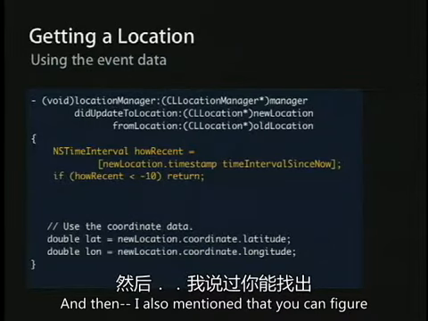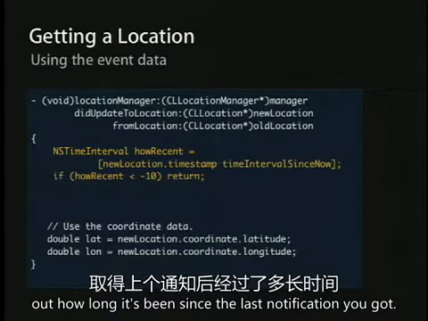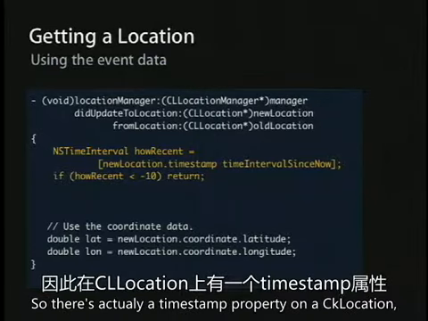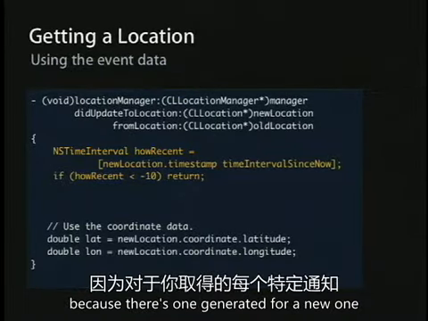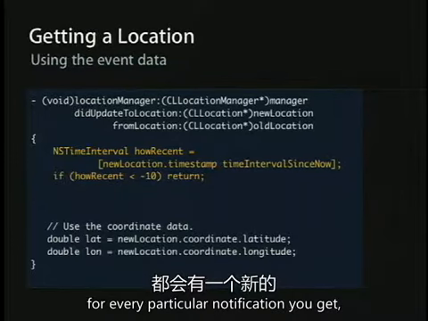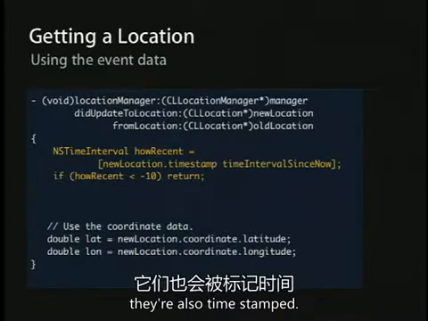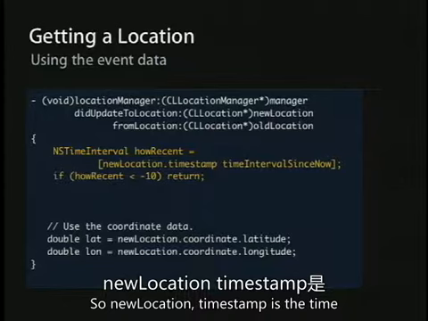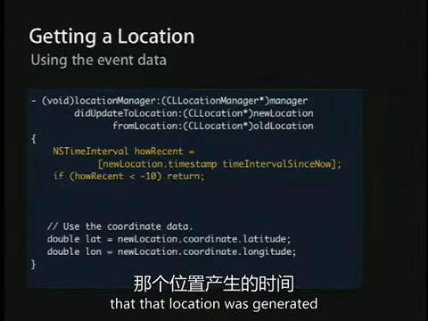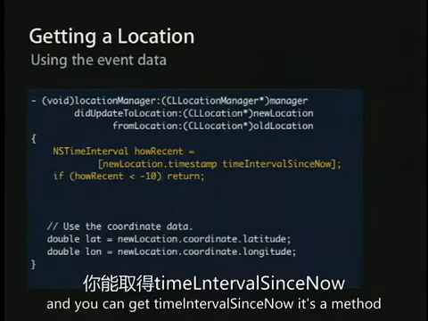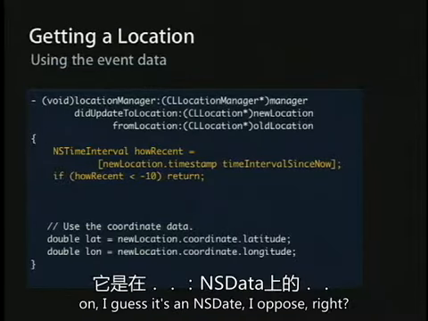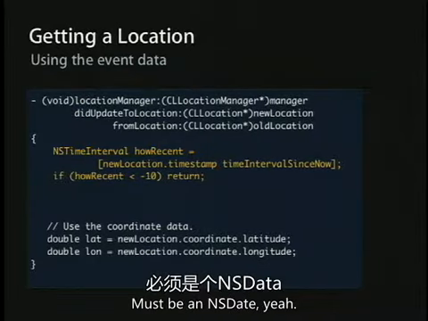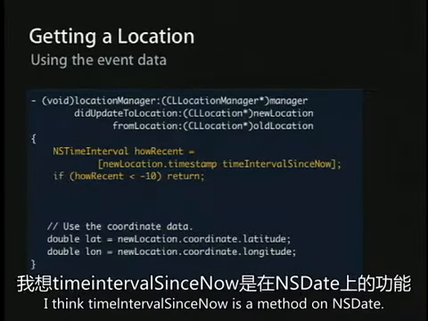And then I also mentioned that you can figure out how long it's been since the last notification you got. There's actually a timestamp property on a CLLocation, because there's a new one generated for every particular notification you get. They're timestamped. So newLocation.timestamp is the time that location was generated, and timeIntervalSinceNow is a method on, I guess it's an NSDate, I suppose. Must be an NSDate. I think timeIntervalSinceNow is a method on NSDate.